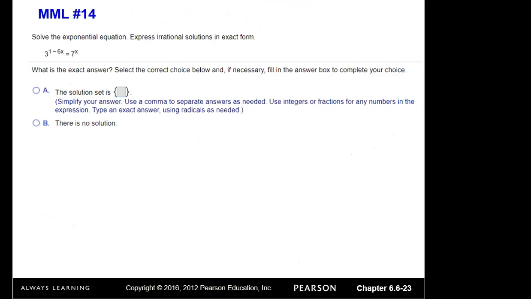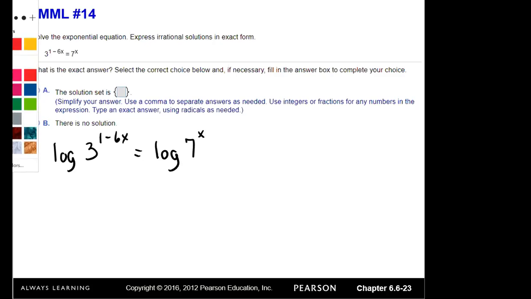So I'm going to have to go log of the left side, which is 3 to the 1 minus 6x, equals log of the right side, which is 7 to the x. That's step 1. But I've got this guy here is an exponent and this guy here is an exponent.